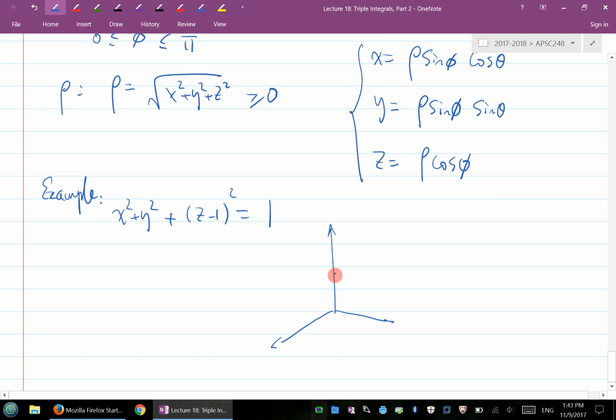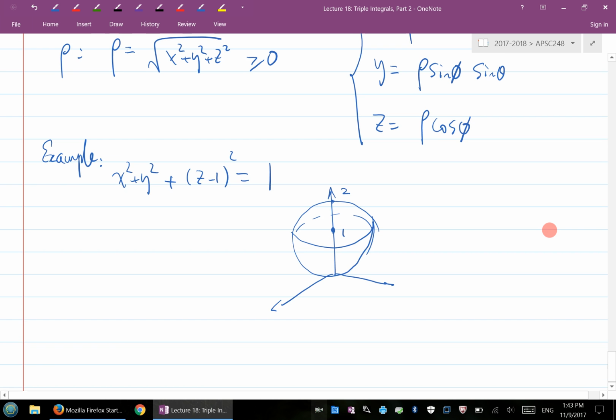So 0, 0, 1 is over here, and the radius of the sphere is 1, so square root of 1. So you can draw a sphere. Here's a 1, and then the top here is 2. So that's a sphere.